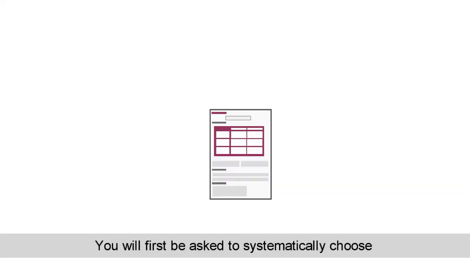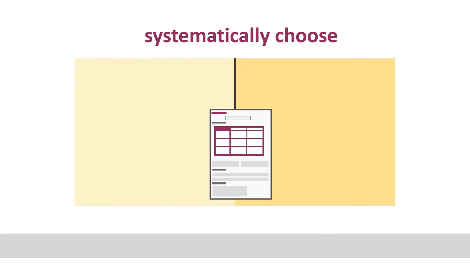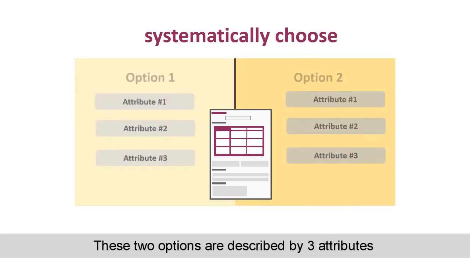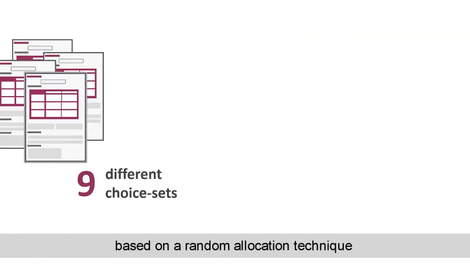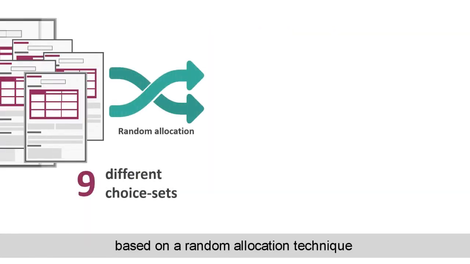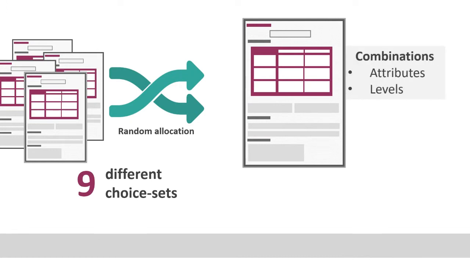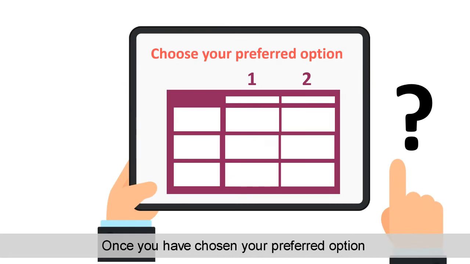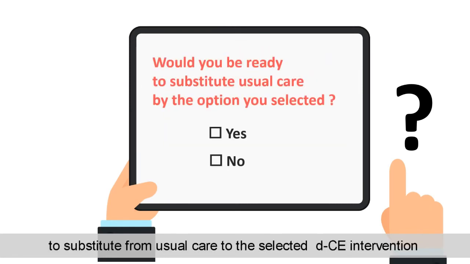You will first be asked to systematically choose between two different DCE interventions. These two options are described by three attributes which differ in their levels. There will be 9 different choices based on a random allocation technique to retrieve the most essential combinations of attributes and levels. Once you have chosen your preferred option, you will be asked whether or not you would be ready to substitute from usual care to the selected DCE intervention.